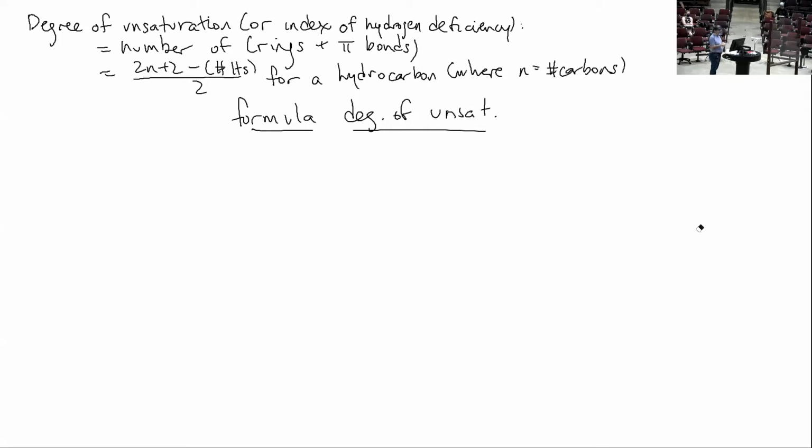Now, I'm going to introduce the idea at first, just considering hydrocarbons. We will get to the point pretty soon, I mean in this class, where we're going to also consider heteroatoms. The most common heteroatoms, of course, being halogens, oxygen, and nitrogen. And we'll learn how to deal with those as well.